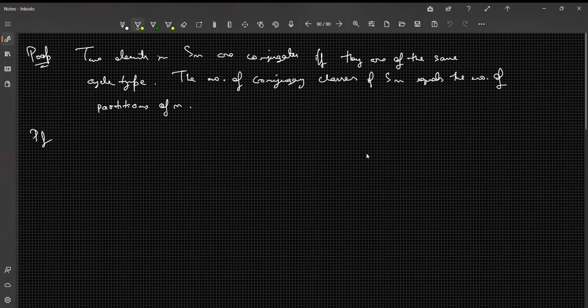So conjugates have the same cycle type. That's already proven. The only thing we actually need to prove here is that if two permutations have the same cycle type, then they are conjugates. Okay, so let's start with it.